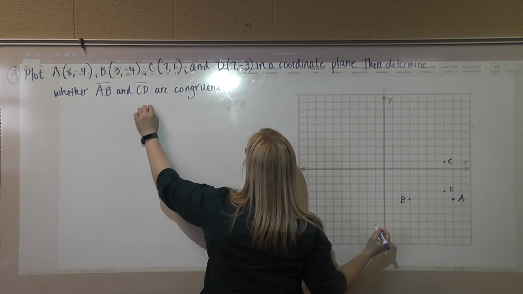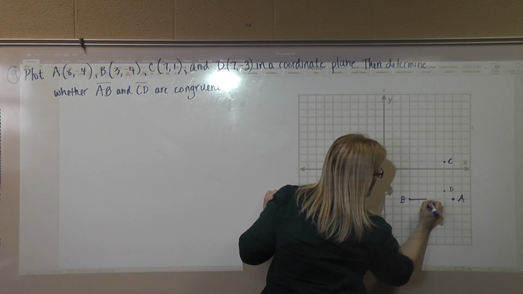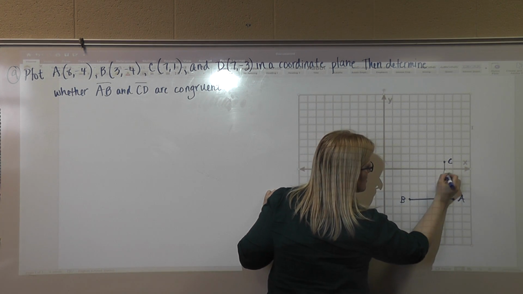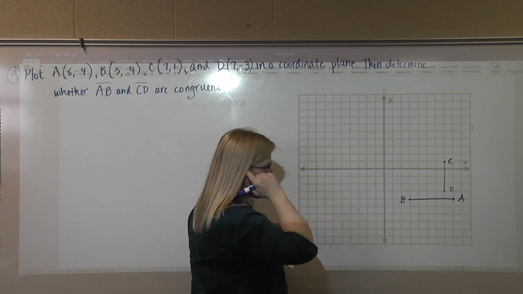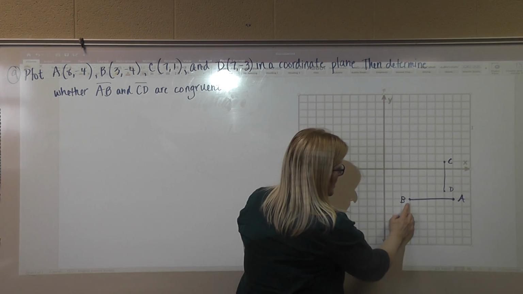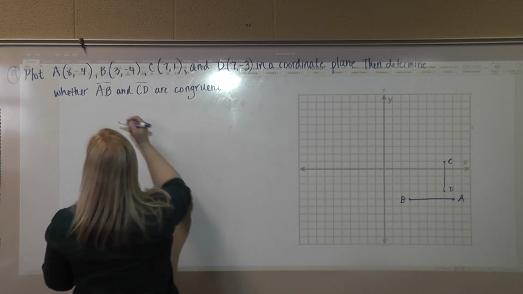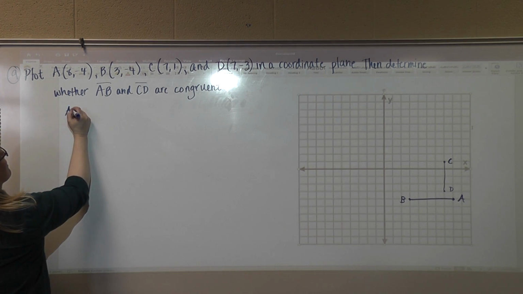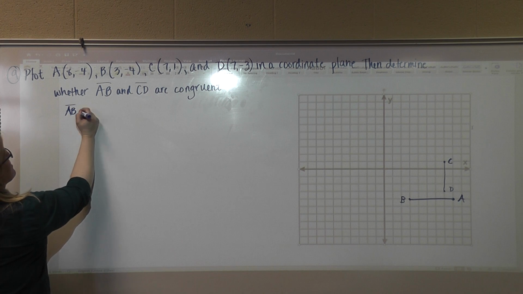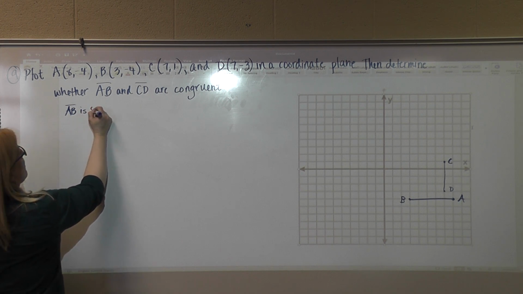Okay, and we want to know if AB and CD are congruent. Well, AB is 1, 2, 3, 4, 5 units long. So AB is 5 units.